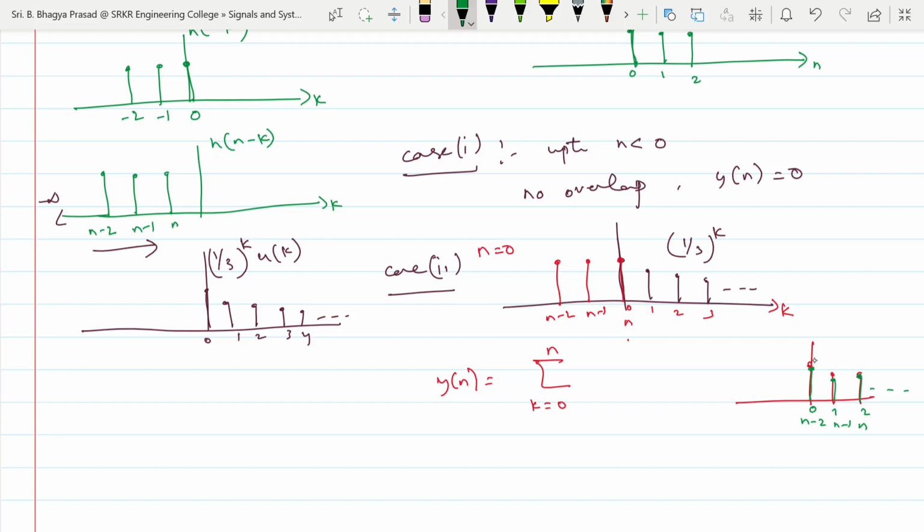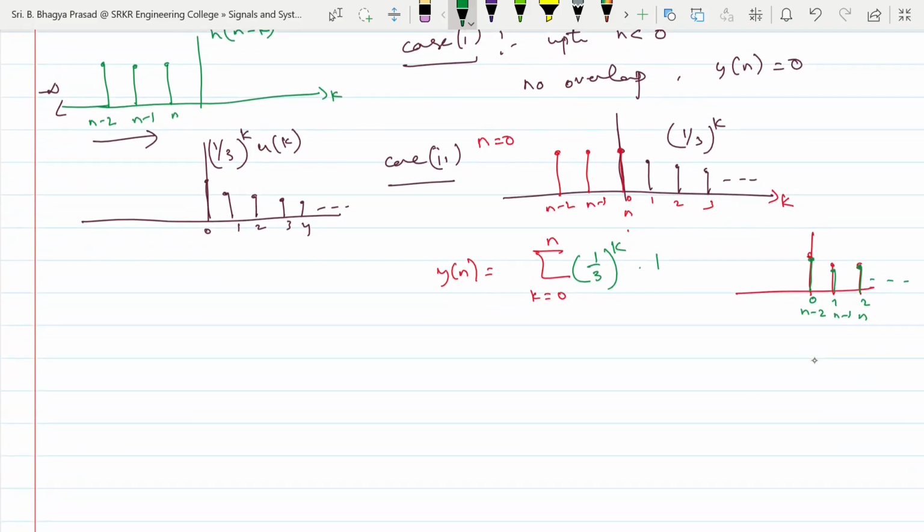So 1/3 power k into 1 is 1 minus 1/3 power n plus 1 by 1 minus 1 by 3.